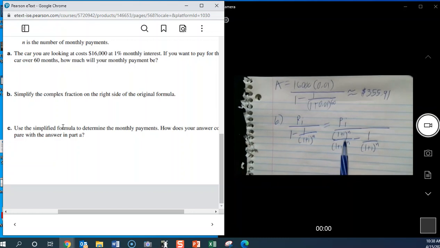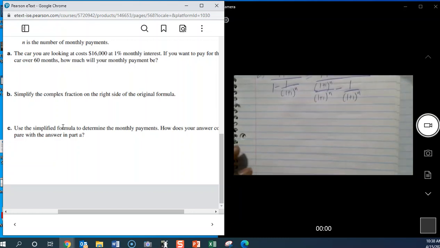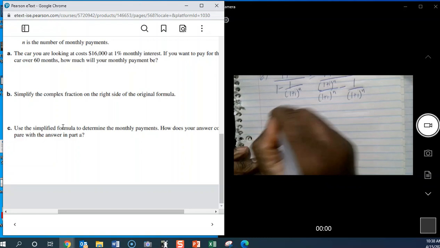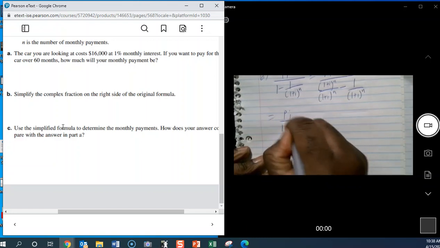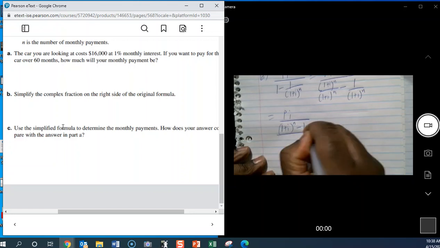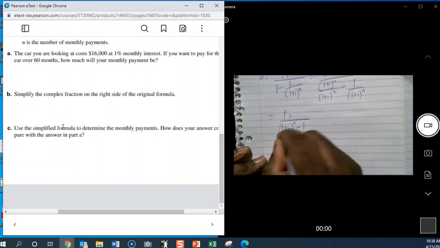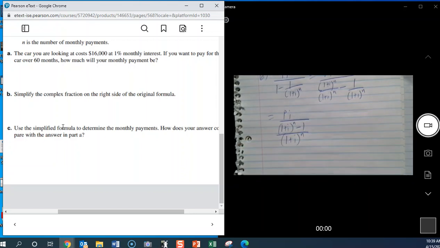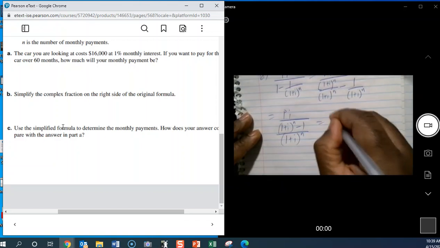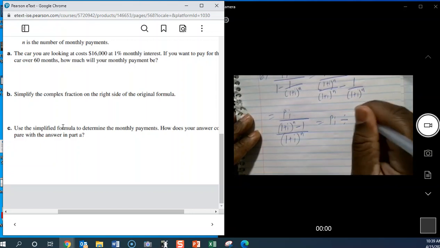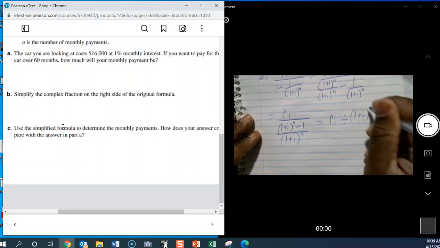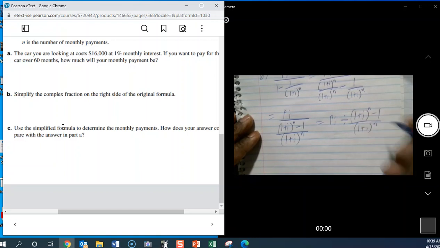Because we know anything except 0 divided by itself is 1. So now we will have pi over 1 plus I to the n minus 1 over 1 plus I to the n. Okay, so now we could take this p times I and write it out as regular division. So it'll be 1 plus I to the n minus 1 over 1 plus I to the n.